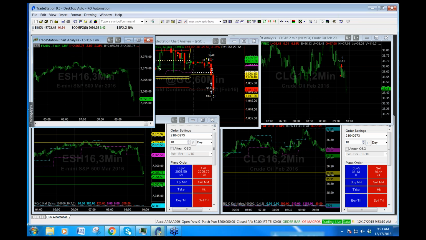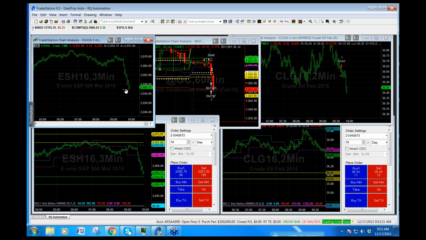This is the S&P. My S&P system will kick in a little bit. No signals yet in the S&P. You can see it here, it's still in bull territory.